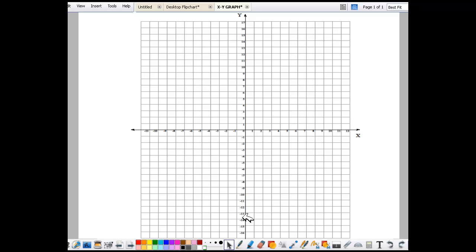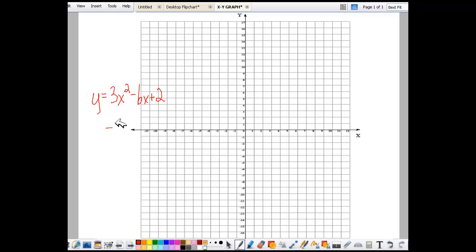Okay, so my function is y equals 3x squared minus 6x plus 2. First I need to find the axis of symmetry.